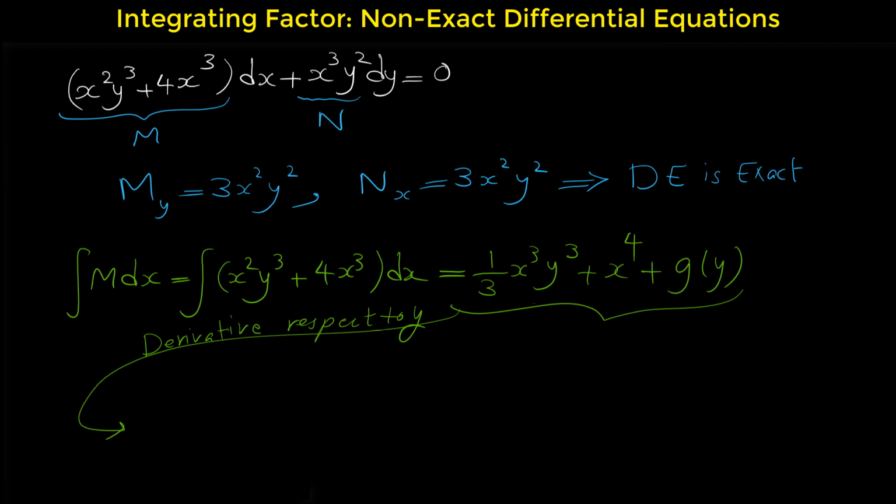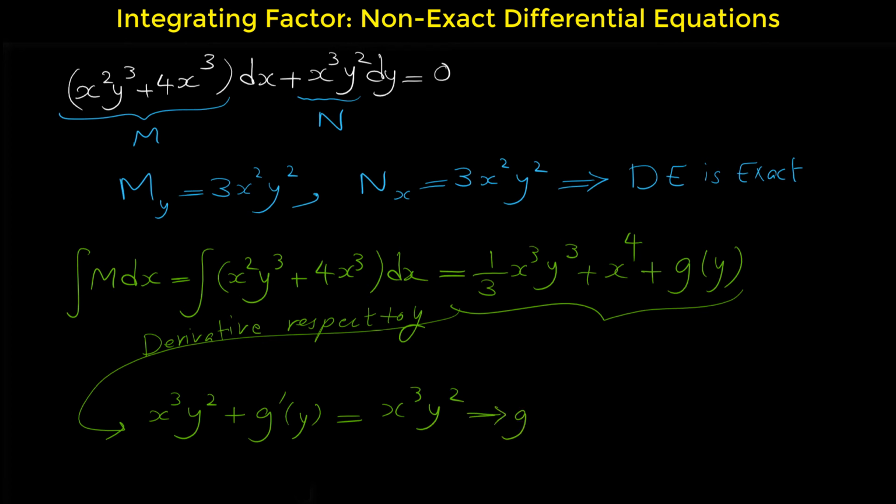If we simplify 3 with one third, derivative of this term with respect to y is x to the 3 y squared. Derivative of this term with respect to y, because we don't have any y, is 0. And derivative of g of y with respect to y is g prime of y. And it should be equal to N, which is x cubed y squared.